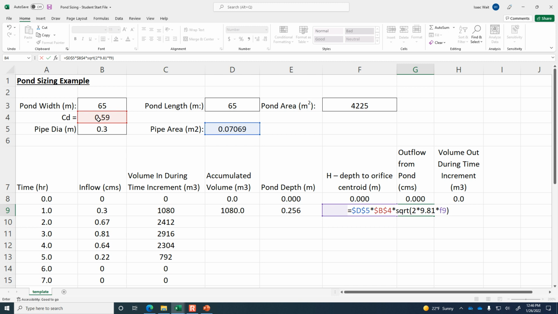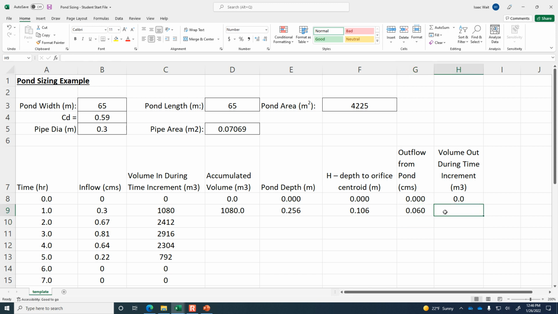That's the orifice equation. Okay, so that is the flow rate out in cubic meters per second, and then to get it from cubic meters per second into the volume, it's flow rate times 3600. So volume is Q times time. And we're doing this in 1 hour increments, so that's why it's 3600 seconds.